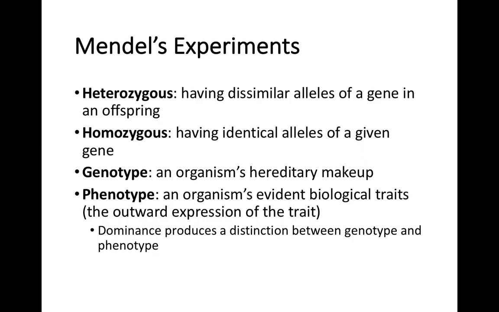You've got an A allele and a B allele, and your blood type is thusly AB. Whereas with type A blood, you don't have a perfect matchup between your genotype and phenotype. You can have type A blood with two A alleles, or you can have type A blood but still have an O allele. So dominance can produce a distinction between genotype and phenotype.